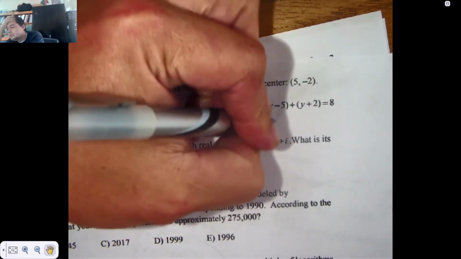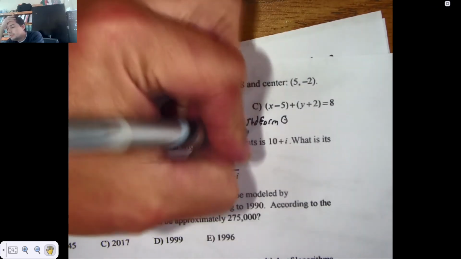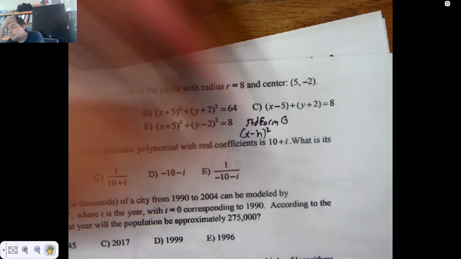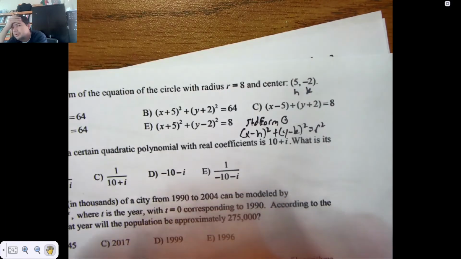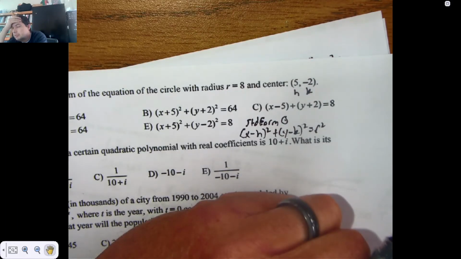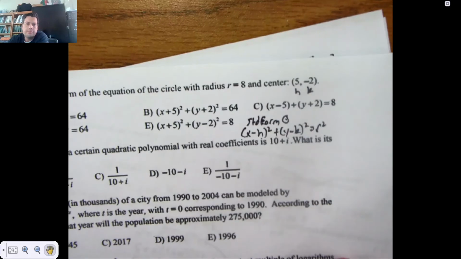Standard form of a circle is (x minus h) squared plus (y minus k) squared equals r squared. That's the hint you need. Plug stuff in. In geometry is when you were introduced to h and k notation. Probably Algebra 1 when they did absolute value, but I don't know how Miss Garner teaches it.